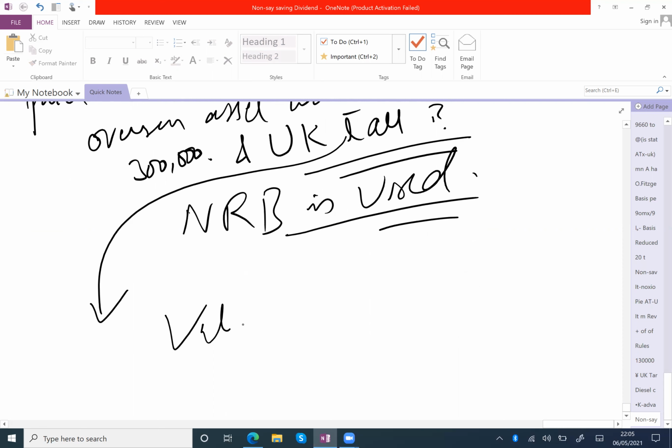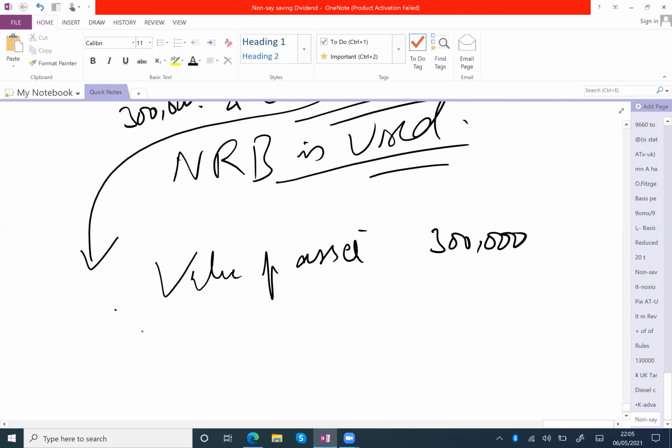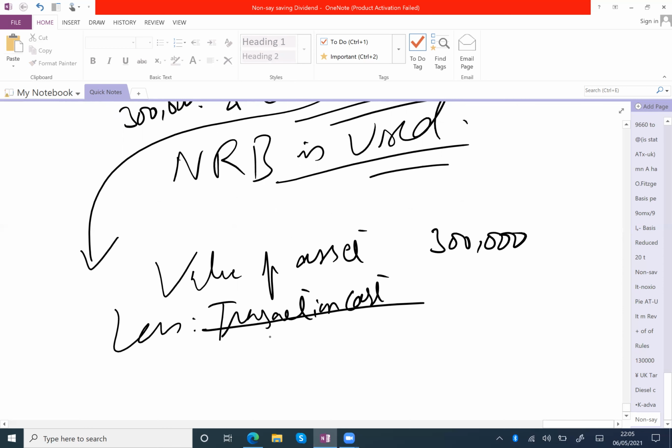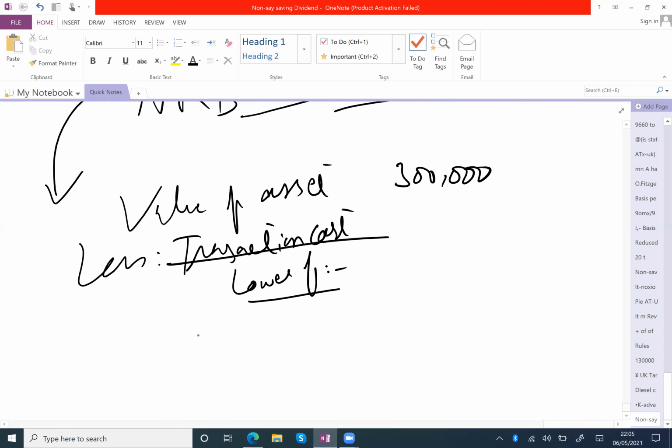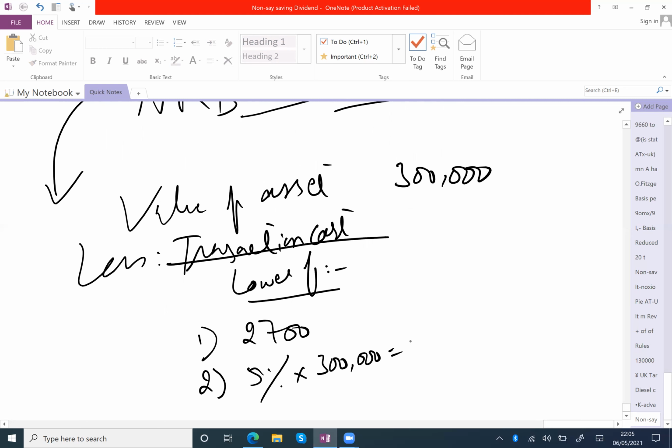What is the value of the asset? 300,000 less transaction cost, which is the lower of number one, actual expense 2,700, and number two, 5% of the value of the asset, 300,000, which is 15,000. The lower is 2,700.